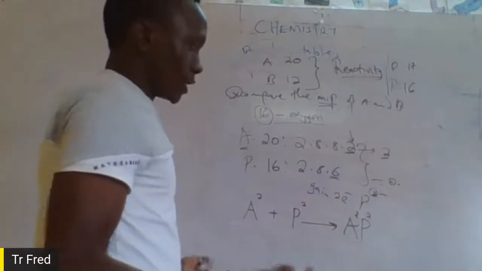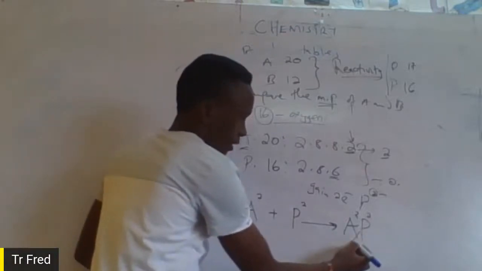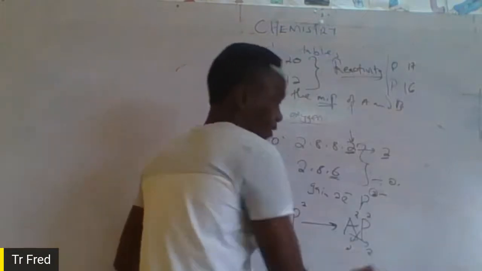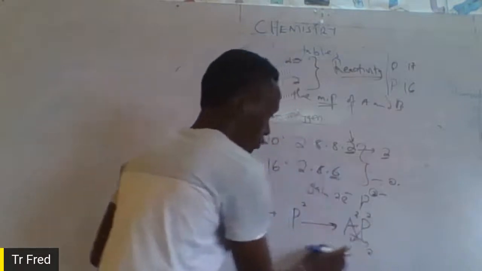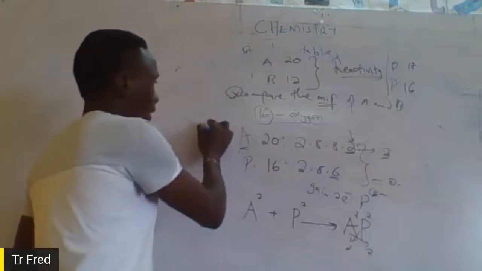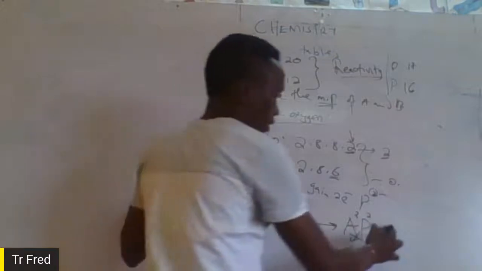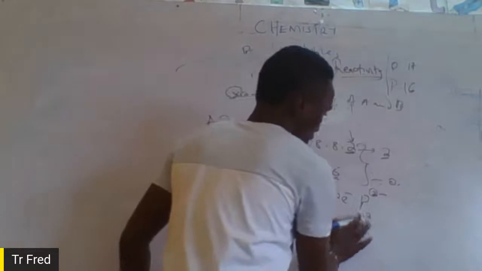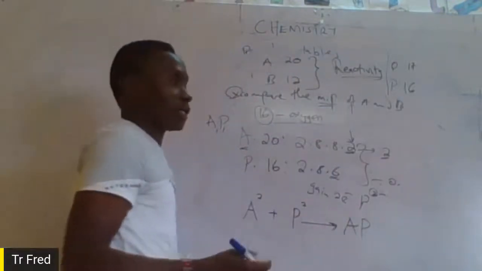Now, for us to know the exact formula, we just exchange the valences so that we have 2 here and 2 here. Then dividing by the smallest number possible, the 2 and 2 cancel so that we remain with 1. If the number is 1, like in AP, we don't indicate 1, we just put A, showing that it is already 1. Any number without a power usually means that the number is to the power 1.